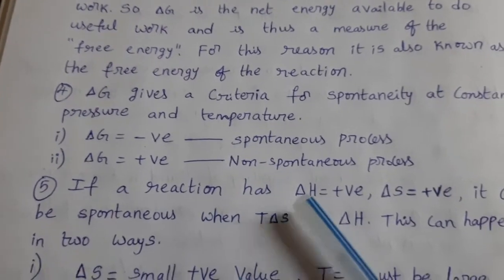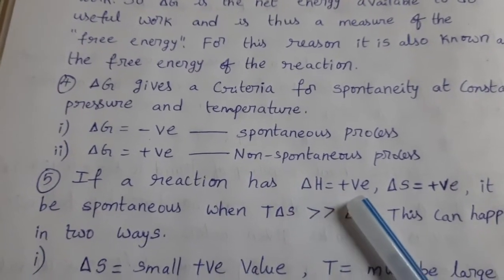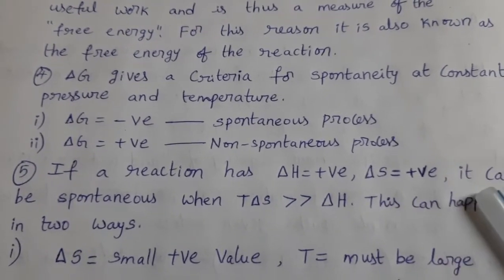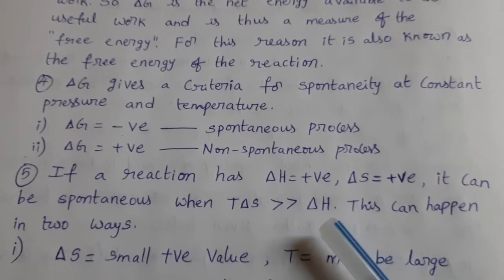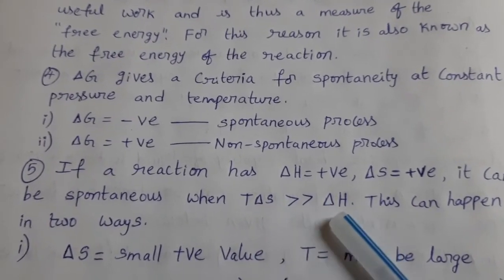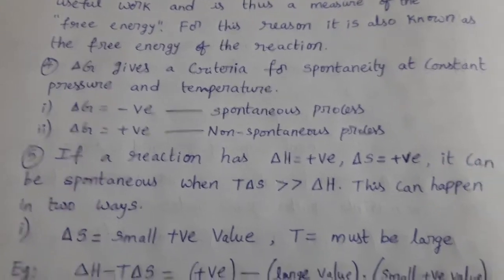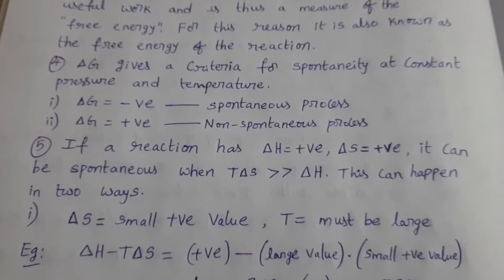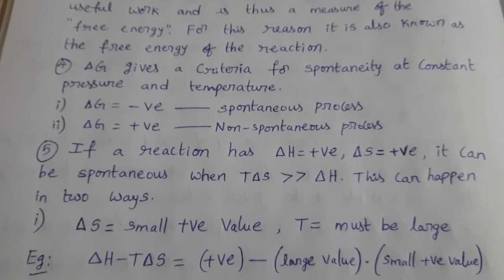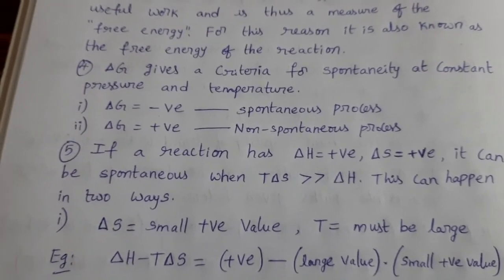If a reaction has delta H positive and delta S also positive, it can be spontaneous when T delta S is greater than delta H. Remember these conditions carefully. Based on this, multiple choice questions will come. Delta H is positive, change in enthalpy is positive.